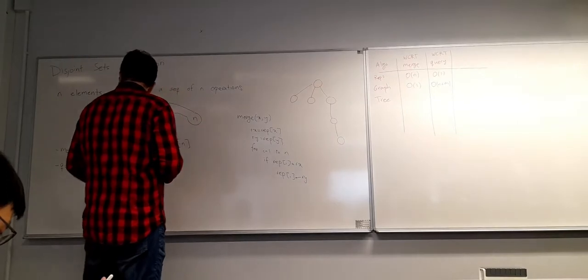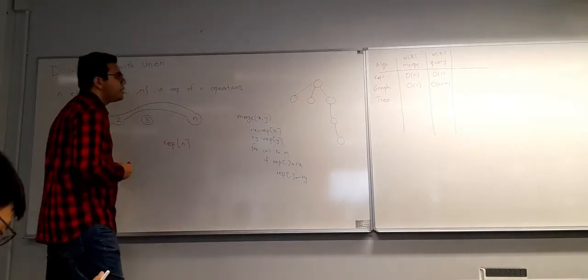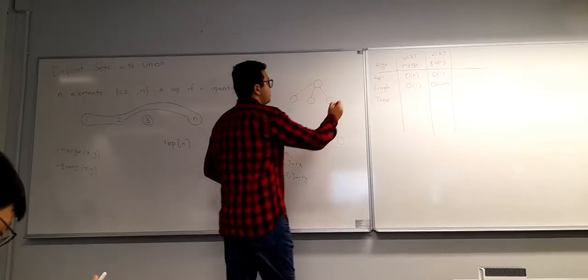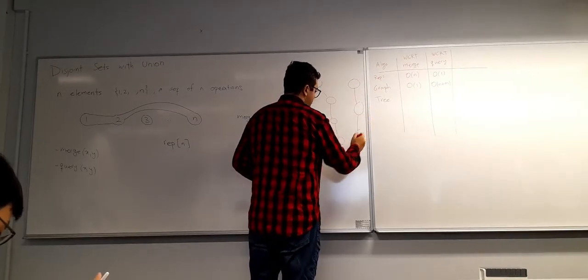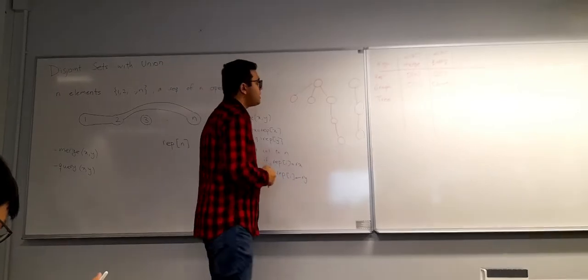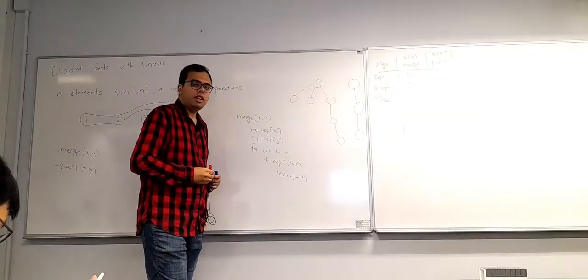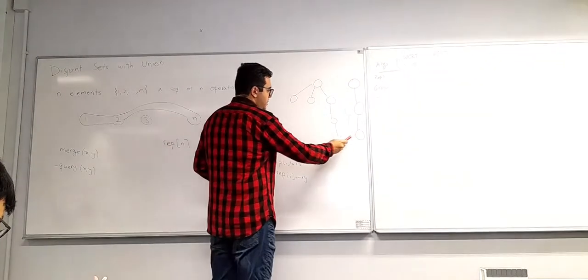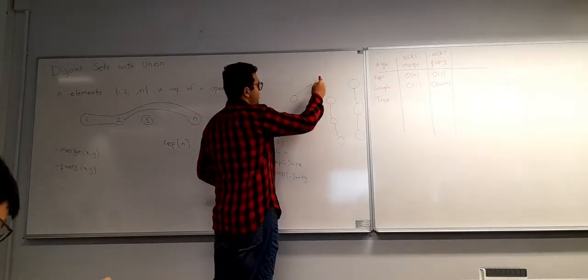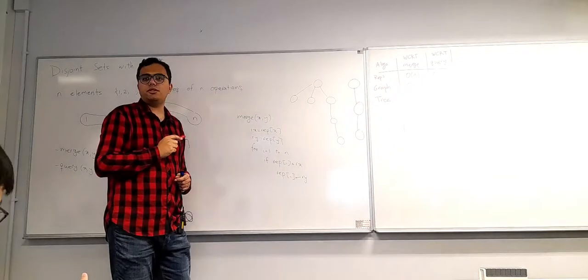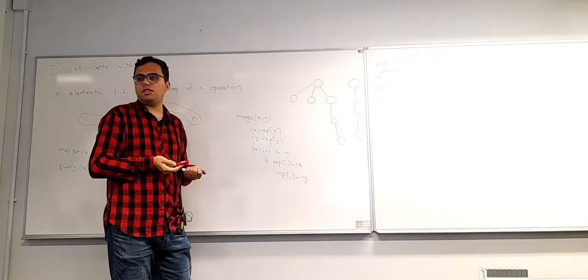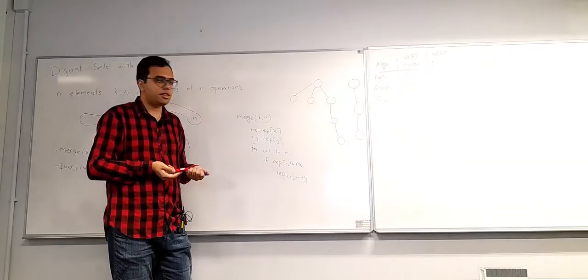Now, what happens when I want to do query? So if I give you two different elements, and I ask you, for example, this one and this one, are they in the same tree or not? Well, you can start from these elements, and you can just go up until you get to the root. And then if in both cases you got to the same root, you know that you're in the same tree. Otherwise, you're not in the same tree.